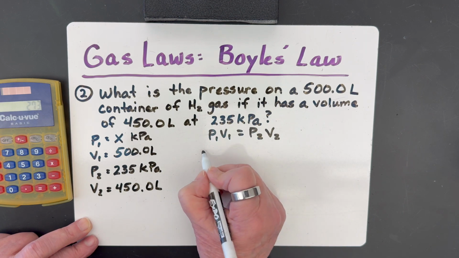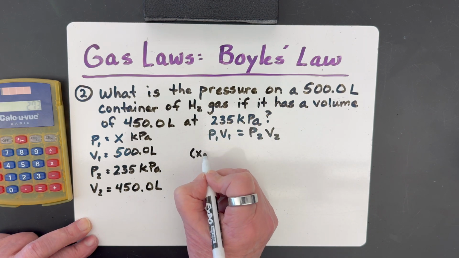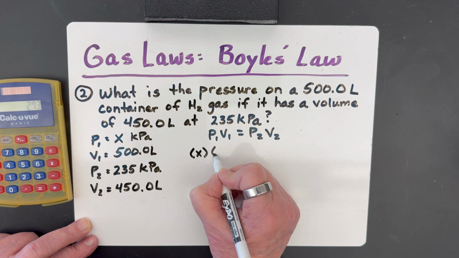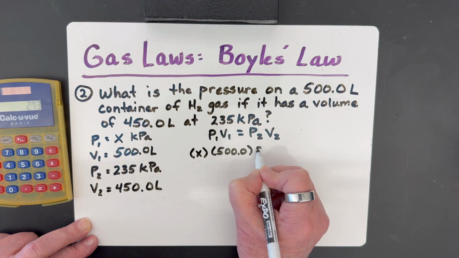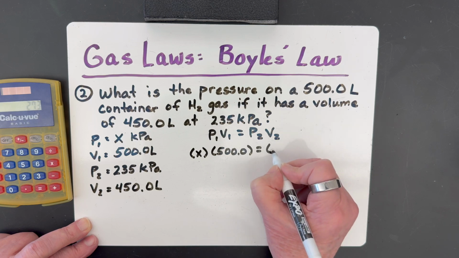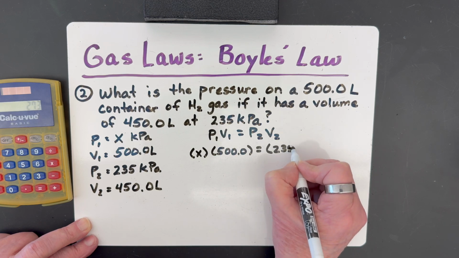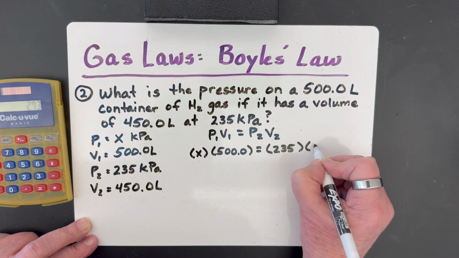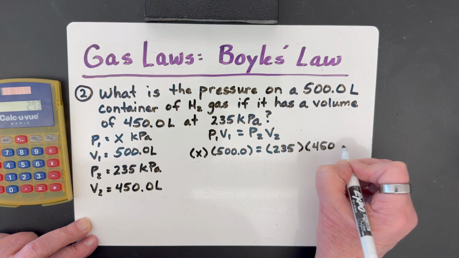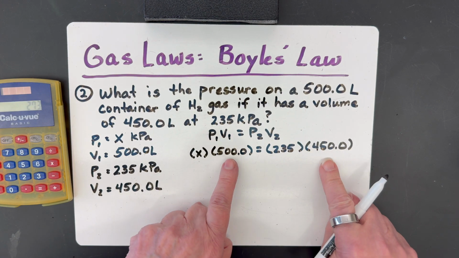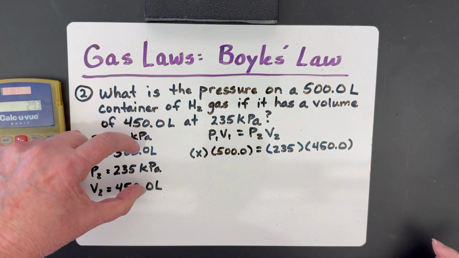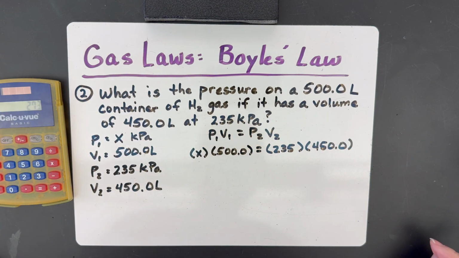So we're going to have x kPa times 500 liters equals 235 kPa, 450 liters. Notice both of these volumes are in liters, and both of the pressures are going to be the same, in kPa.